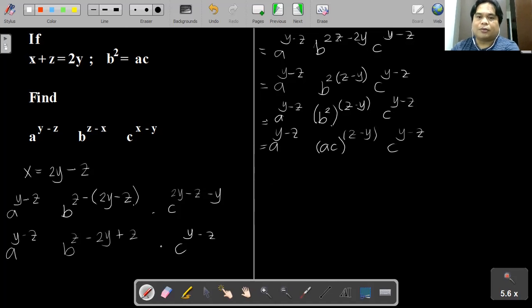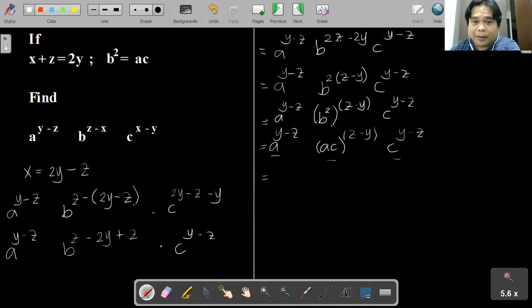Before we get any further, please notice that the exponents of a and c, this term and this term, are both y minus z, while the one in the middle is z minus y. So it's not in order.